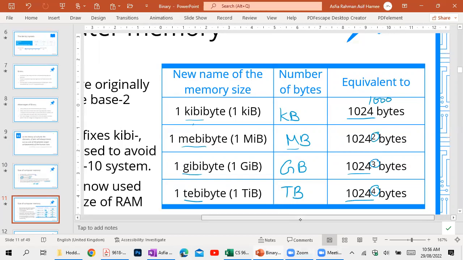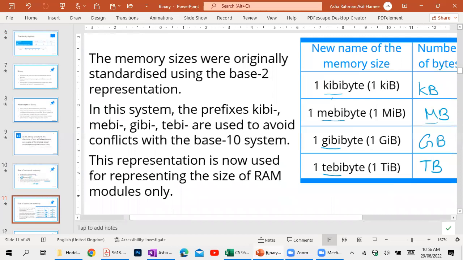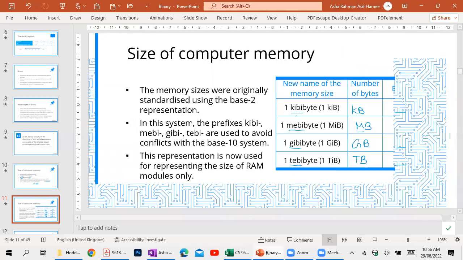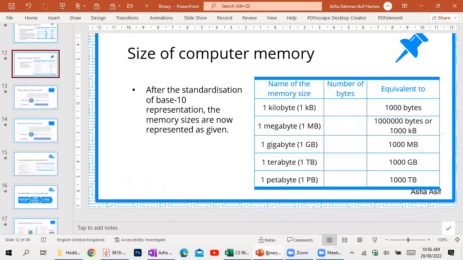But when you talk about the memory, it is not in the power of thousands, but in the power of 1024. Gigabyte, terabyte, petabyte, that is 1 PB.